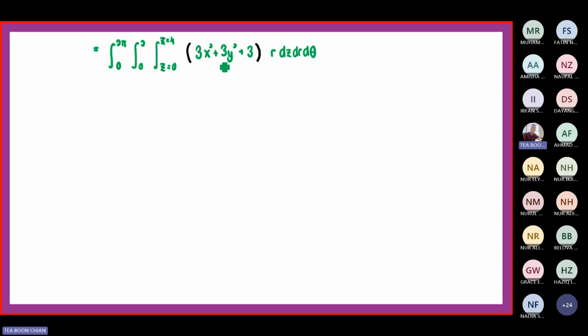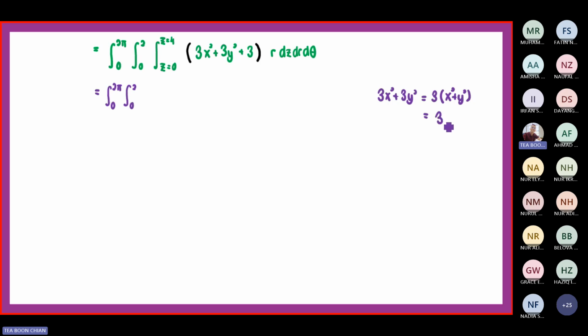Now, you notice that there are still variables x and y inside the integral. Well, following the polar coordinate transformation, x and y should not be there anymore. Therefore, we need to think how to change or convert it. And in fact, not so difficult, because if you look carefully, 3x squared plus 3y squared, I can rewrite this as 3 factored out in the bracket, x squared plus y squared. x squared plus y squared is a circle.